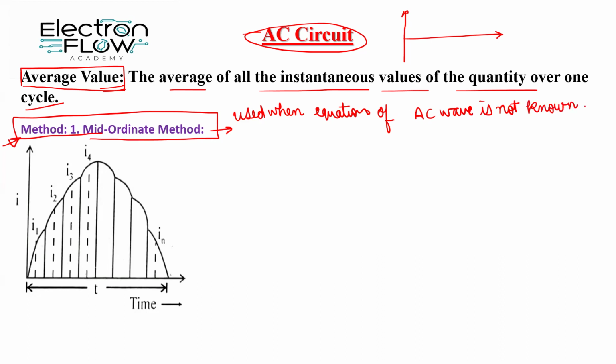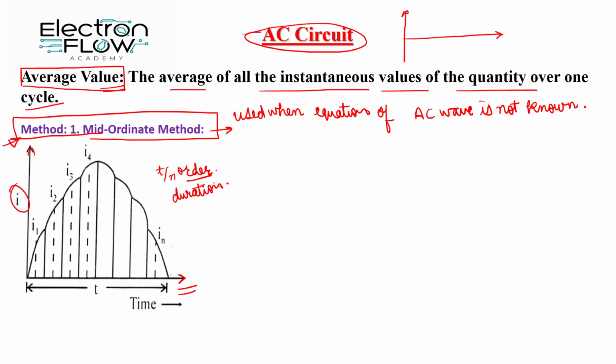In order to determine the average value, the complete waveform is divided into n number of intervals. For example, this is your x-axis showing the time, and this is the y-axis showing the current. Divide the time base T into n equal parts of T upon n duration.